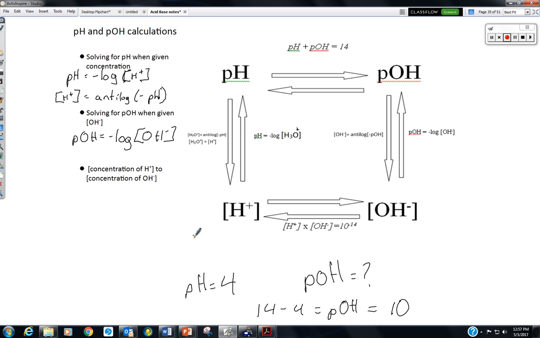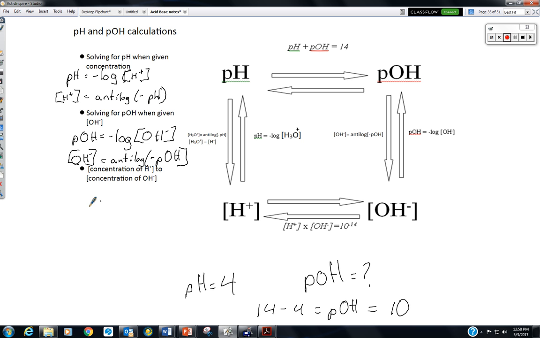All right, and if we want to solve for the concentration, we take the antilog of the negative pOH. And again, there's always more than one way to get there. So just think about which is going to be the simplest path.